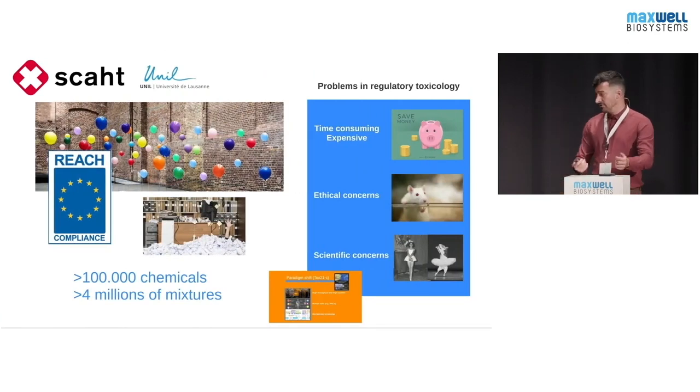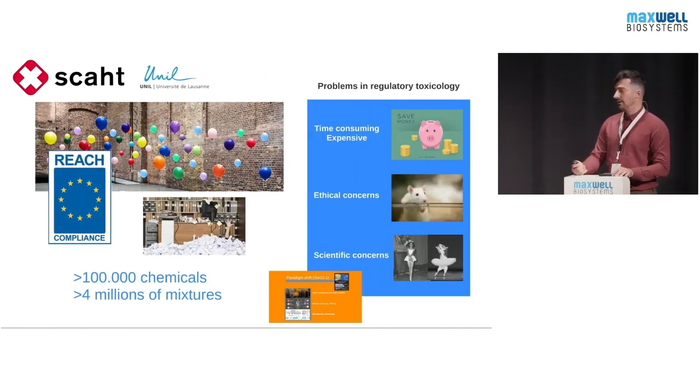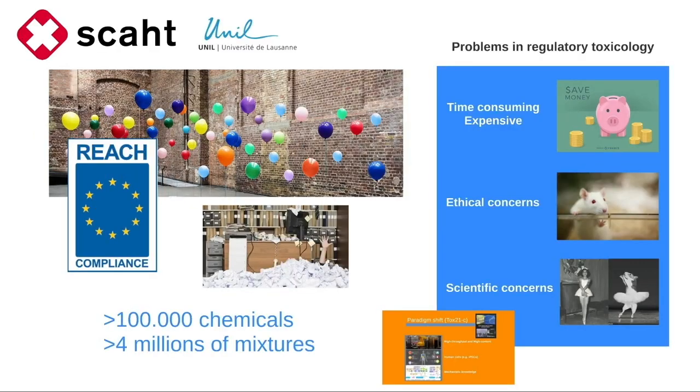I want to show you 2 projects that we are working on together with MaxWell, because I don't know how much you know about toxicology or regulatory toxicology. I just want to show you a little of the background and why we are doing this work. As you probably know, when chemicals go onto the market, they need to be safe for the human population and also for the environment, so they have to follow REACH legislation.